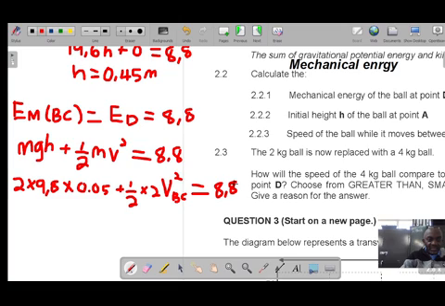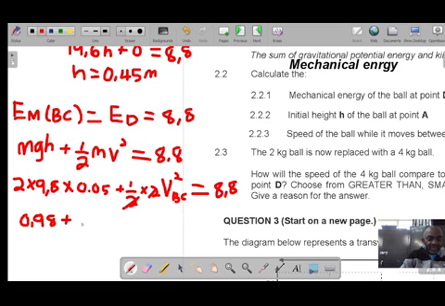So what do I do next? I compute this side here, that is 2 times 9.8 times 0.05. What do you get? Let's check it out. It gives me 0.98. And then plus, if you take this 2, it's going to cancel with this 2 here, right?